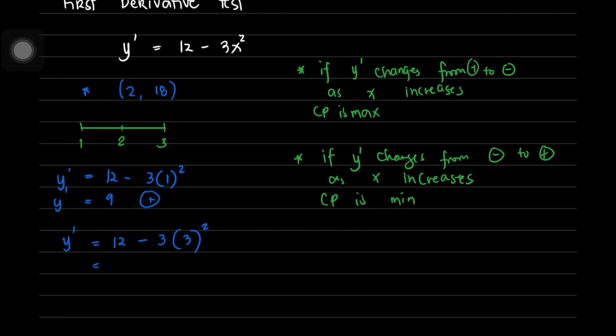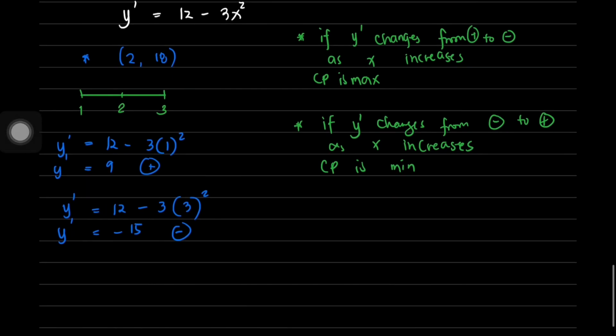So this will give us 12 minus 27, which is equal to negative 15. So this is negative. Now, you will notice that as x increases, there is a change in sign from positive to negative. So the critical point is a maximum point. So this point (2, 18) is a maximum point.